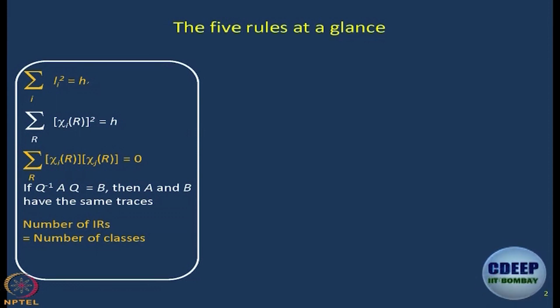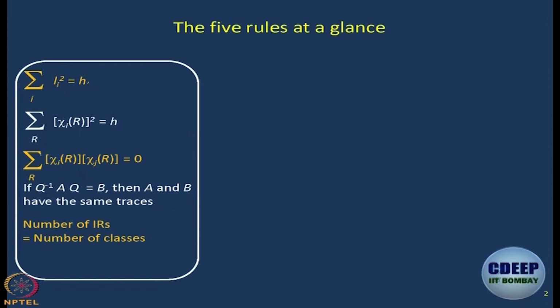5 rules. If you want, you can read up the derivation of these rules from Cotton's book. First rule actually is written at the bottom. I should have written it at the top, but I forgot, so you can read the bottom one first. One of the questions we have asked so far is how many irreducible representations there are, and this is the answer.